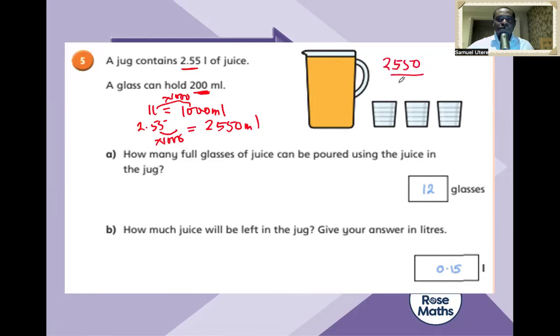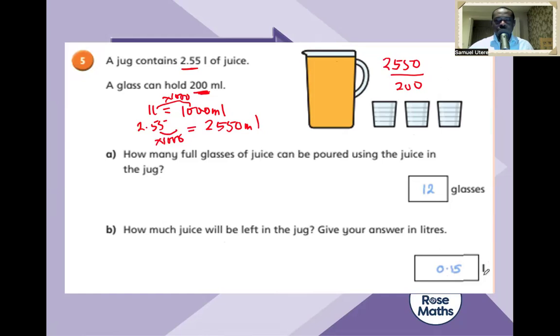So now that we have the same units, the next step is to do 2550 divided by 200. Okay, that's how we get this. So we're going to have 12 glasses. So we're going to have a number, 12 point something. We'll have a number and some fraction. Now it is that fraction that gives us the juice left.